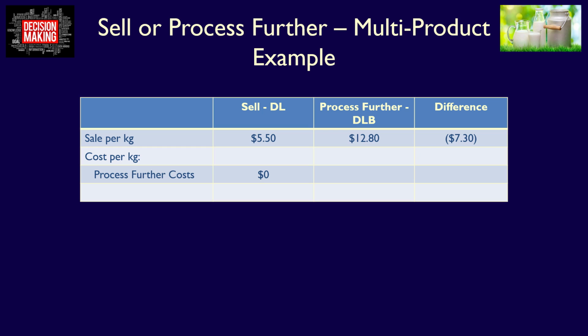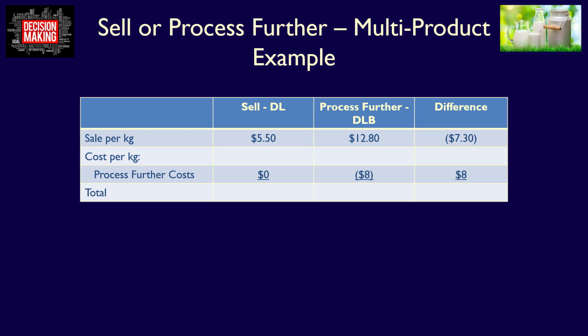There are no additional processing costs if we sell product DL, so we place a 0 under the second column, sell. For process further, $160,000 divided by 20,000 kilograms equals $8 per kilogram of additional processing costs. Therefore, we place negative $8 under process further, DLB. The difference in column 4 is 0 minus negative 8, which is equal to positive 8.